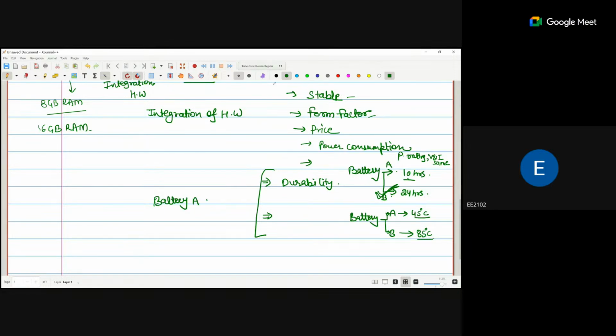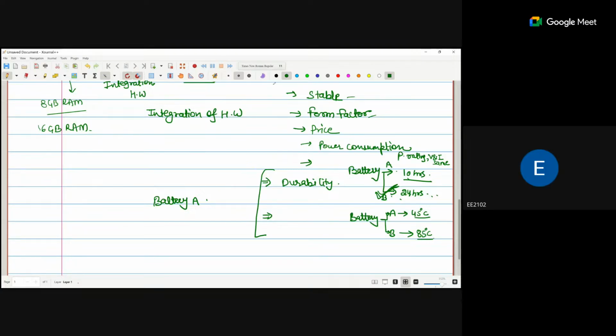That will operate for less time, but because of that the device temperature will increase only up to 45 degrees. Whereas battery B will be long lasting, it will operate till 24 hours, but the problem is that because of using that battery my device temperature will rise up to 85 degrees centigrade.